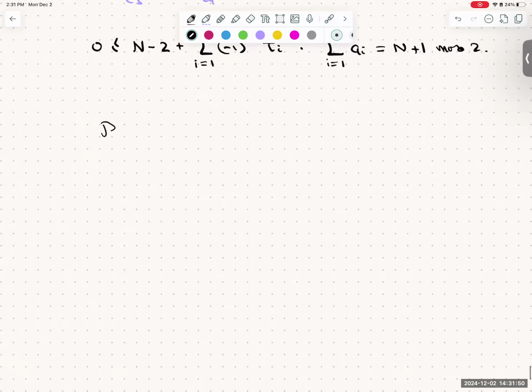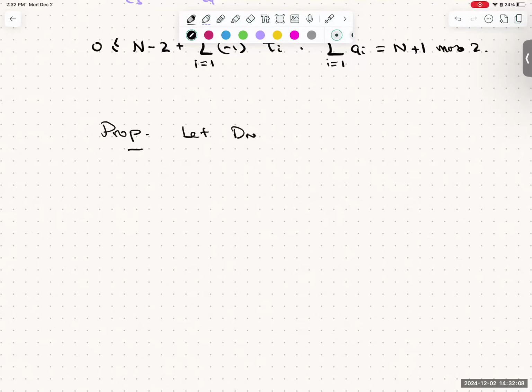Okay, so there's an interesting inverse thing that happens with the extension.